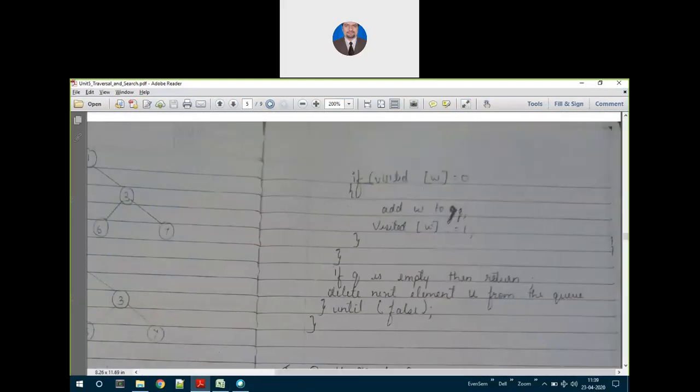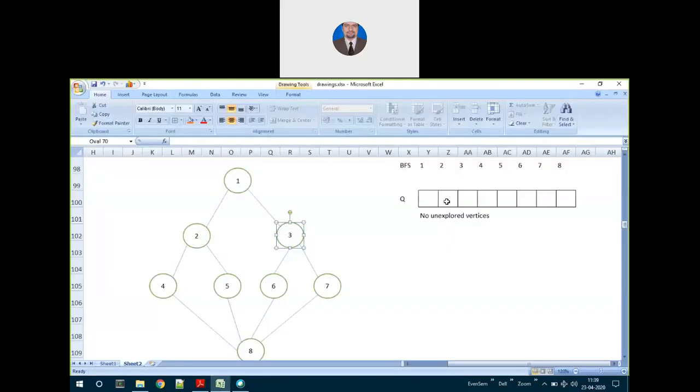If visited of w is equal to 0, meaning the adjacent vertex is not visited, add w to q. Add w to q means adding that vertex to the queue, that is 2 and 3.